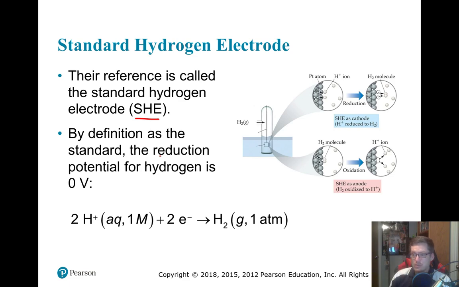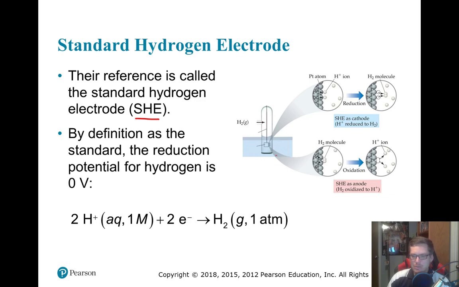The way this occurs is you've got a platinum electrode with some sort of hydrogen source, usually an acid, and when reduction occurs at this spot, we get hydrogen gas bubbling off. It's like when you put zinc in acid, it starts to bubble and form hydrogen gas.